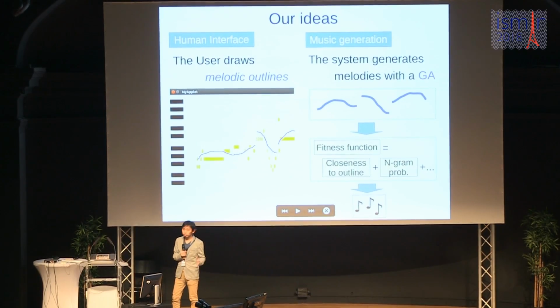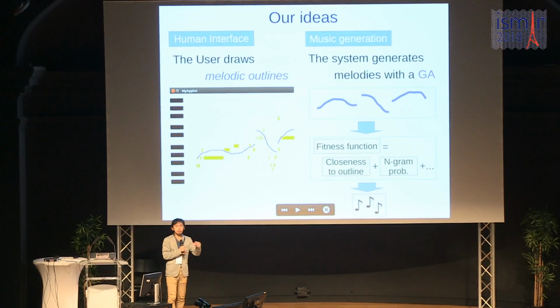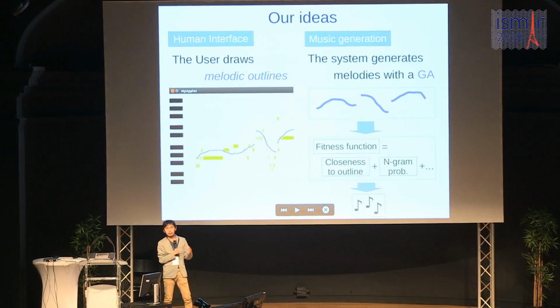To resolve the first issue, we adopt melodic outlines as an input. Once you draw a melodic outline with your finger, a pen, or a mouse, the system immediately generates melodies according to the outline you draw. For the second issue, we developed a melody generation algorithm based on a genetic algorithm.